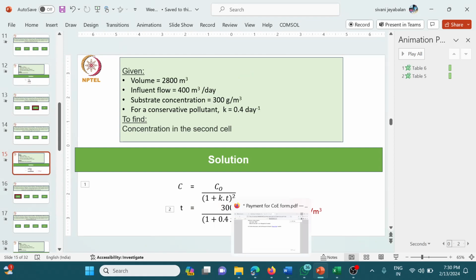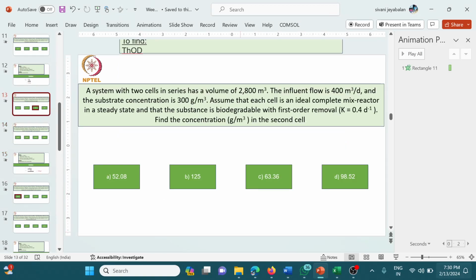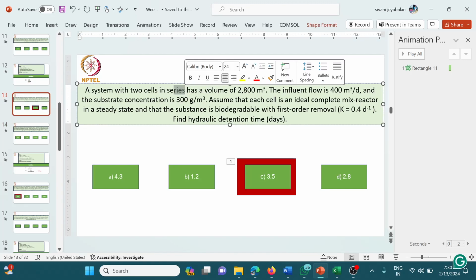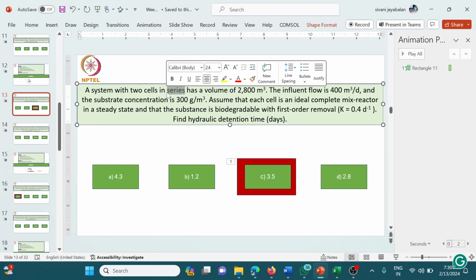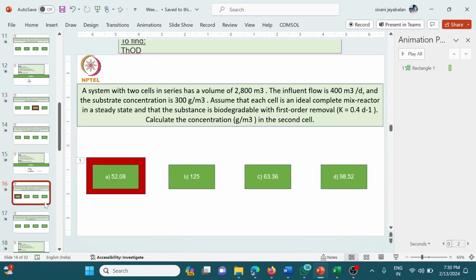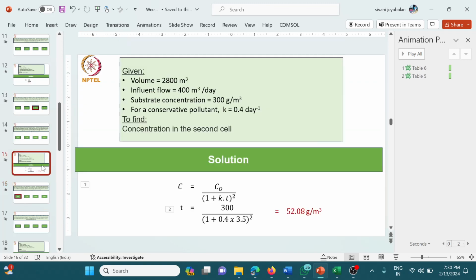You consider the previous problem as parallel, not in series. If it is in parallel, you will get the value as 3.5 only. So just make the substitution as 3.5 and tell me the answer.